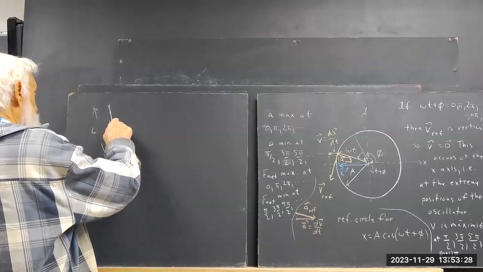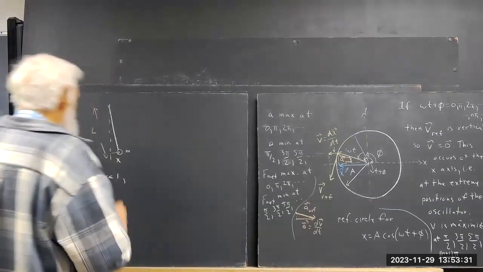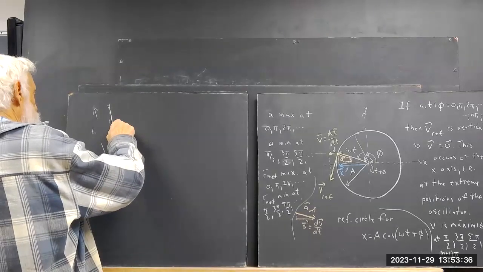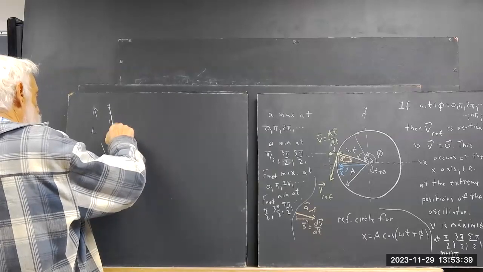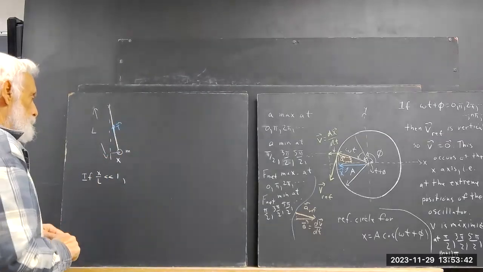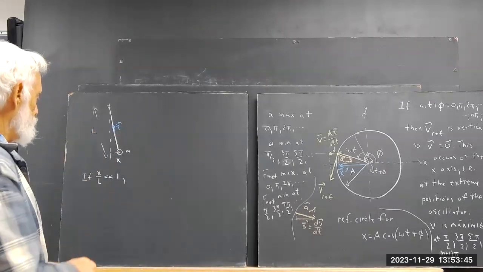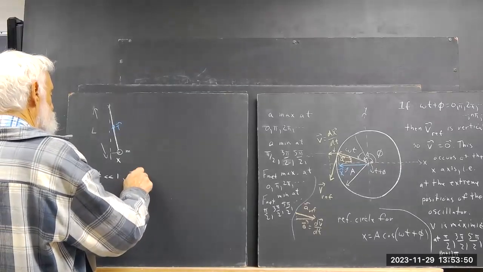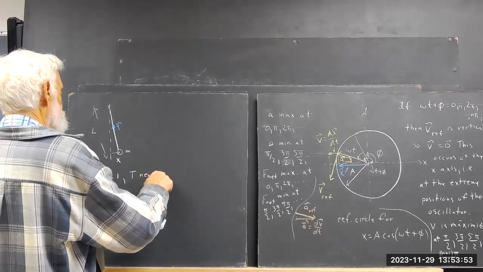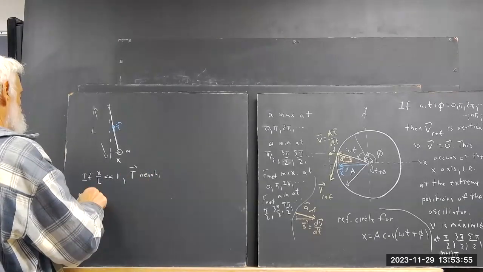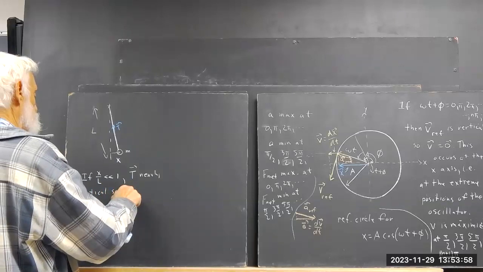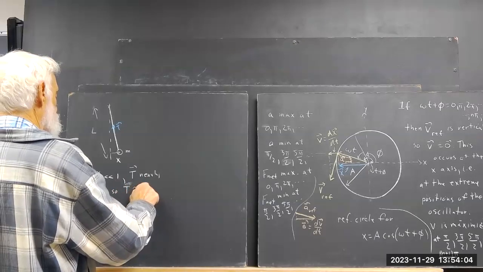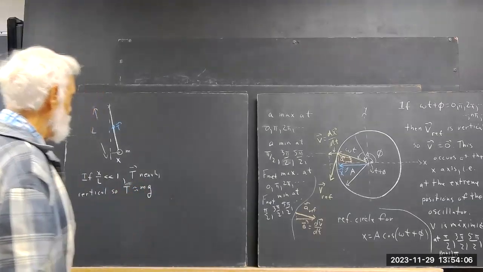Okay, well, we've got a tension here. That tension is nearly vertical. So T is very close to mg.